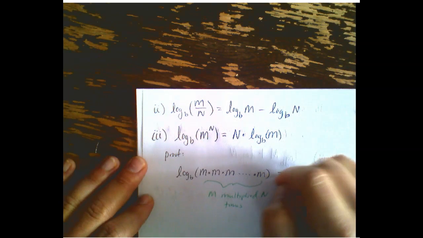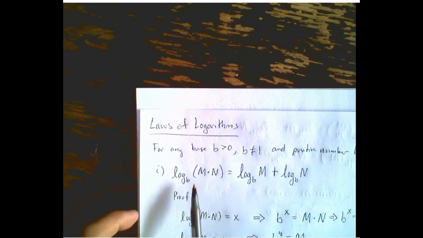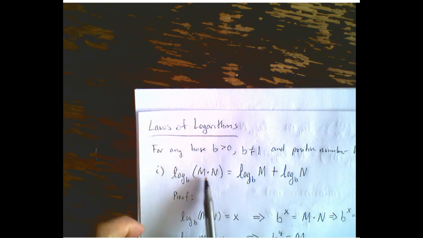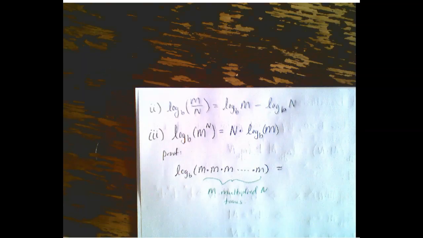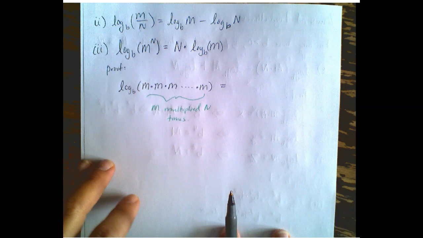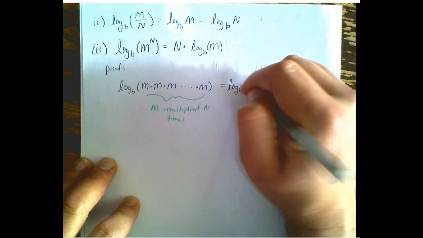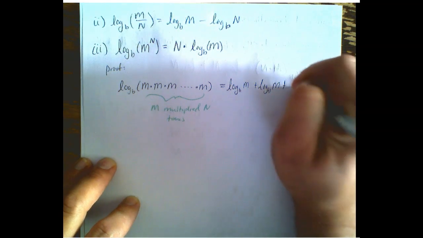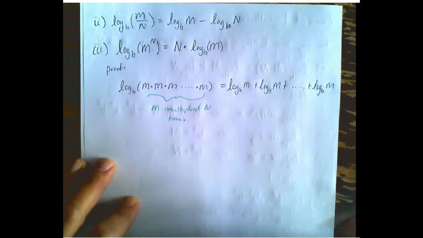So what's this equivalent to? Well, if we use property number 1, that we can express this multiplication as the sum of logs. If we have m times n times another letter, we could just add another log. That's the same thing that we have here. So we have the log of a big multiplication, which would be log base b of m plus log base b of m plus dot dot dot plus log base b of m.